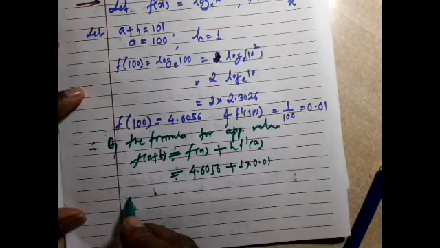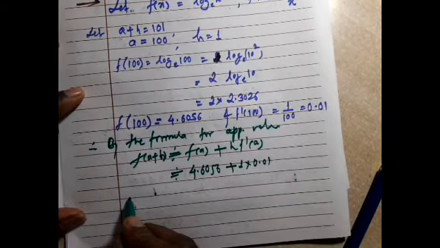So f of a plus h is approximately equal to 4.6152. That is, log 101 to the base e is 4.6152. This completes the example.